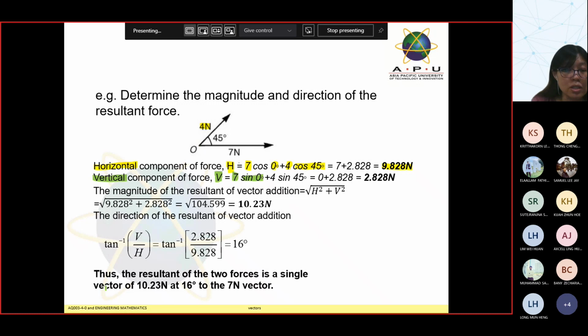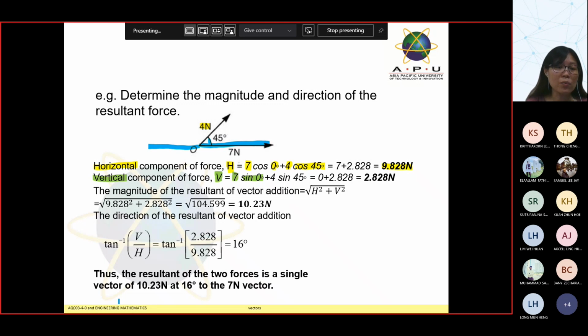So this is what I mentioned. Why I say to the horizontal means either measured to the horizontal here or horizontal here, right? So this one is measured to the horizontal. Then when you calculate the horizontal component, you will always put cos. When you calculate the vertical, you will always put sine. If your theta is to the horizontal, you won't get confused.